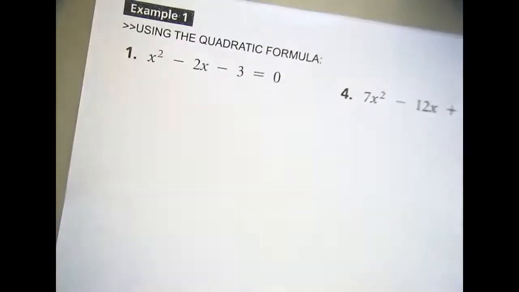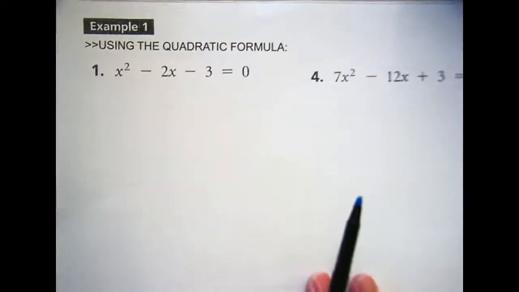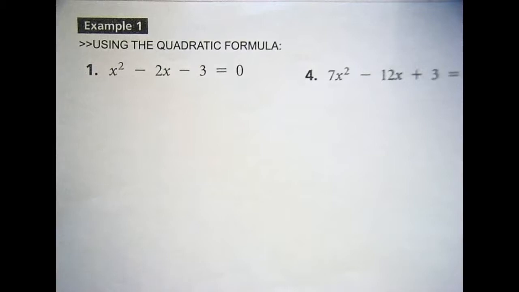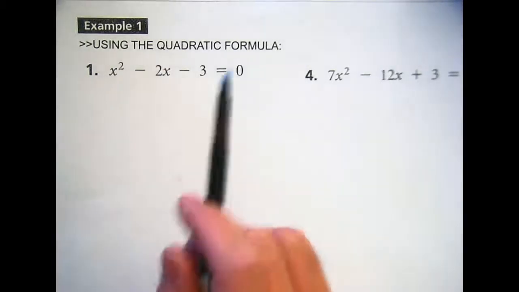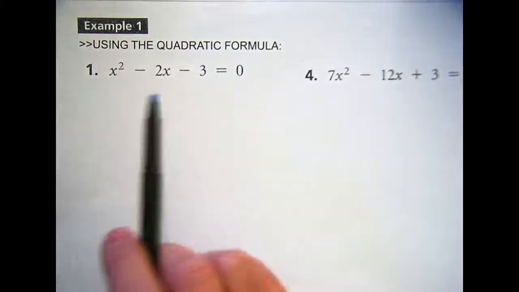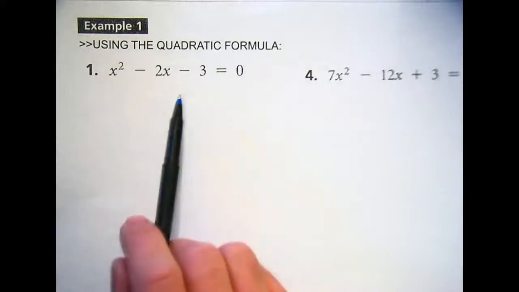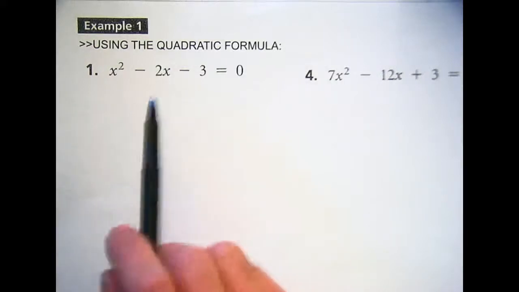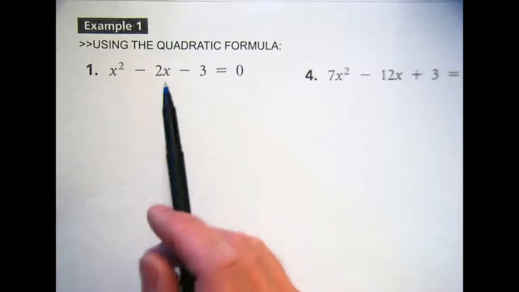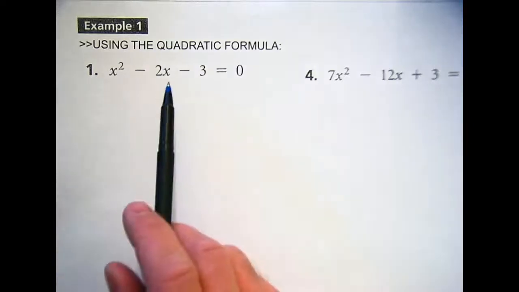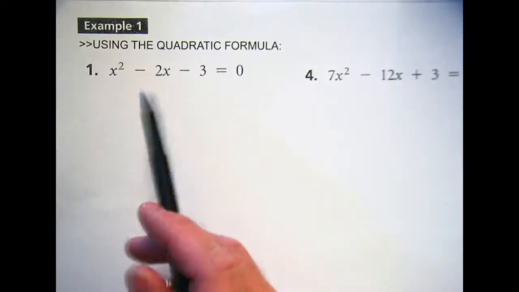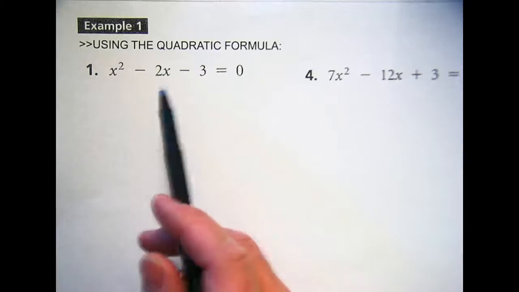So let's go ahead and try some of these. Number 1 off your assignment. Using the quadratic formula, we're going to solve. Now, I want you to use the quadratic formula here. Some of you would recognize, hey, I could factor that, and it would save time. You should hopefully be able to get to the point where you know the answer about now by factoring.